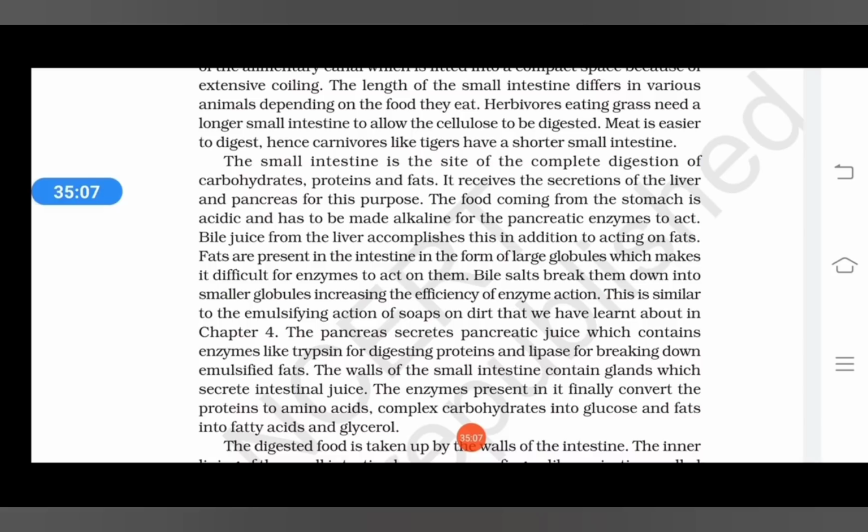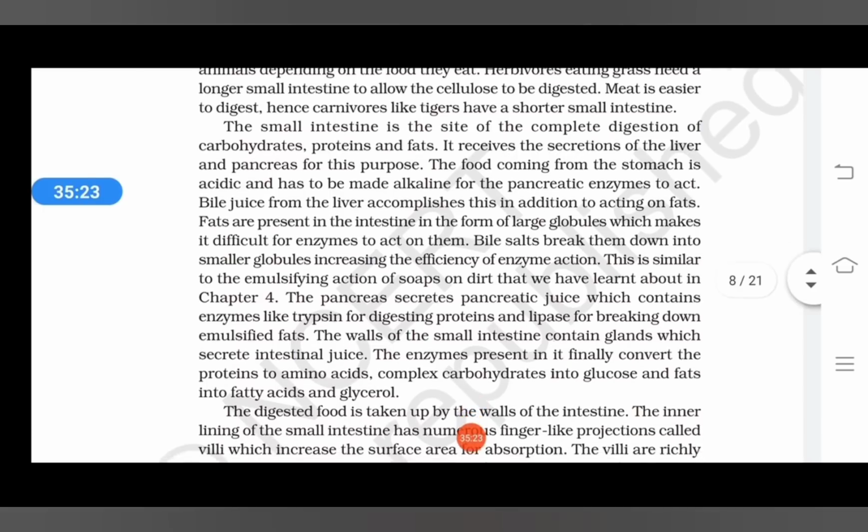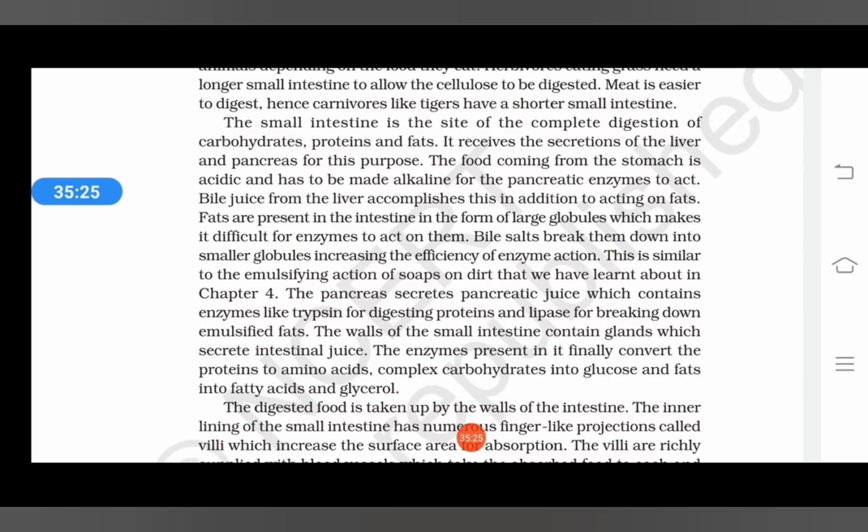The walls of the small intestine contain glands which secrete intestinal juice. The enzymes present in it finally convert the proteins to amino acids, complex carbohydrates into glucose, and fats into fatty acids and glycerol.